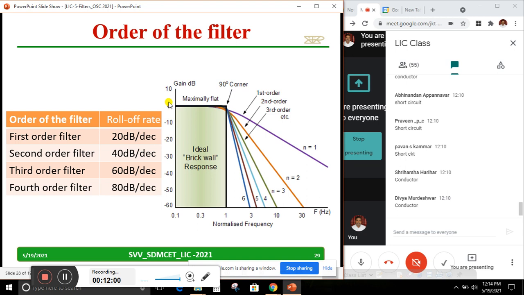How does the order of the filter matter in the graph when you plot this response on the semi-log graph? If it is first order, it is 20 dB per decade. Second order, it is 40 dB per decade. Third order, 60 dB per decade. Like that, 4, 5, 6 he has mentioned. These are basic things one should know.